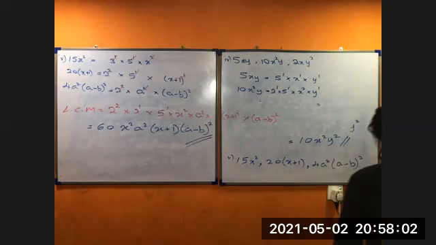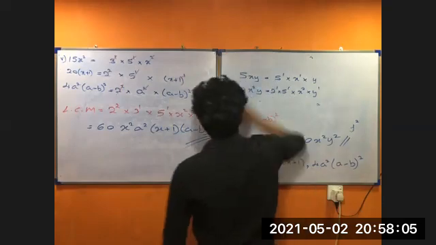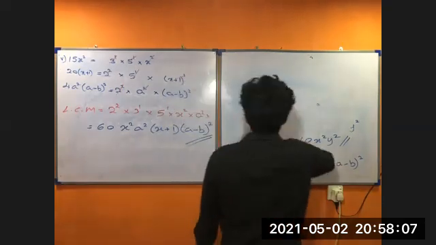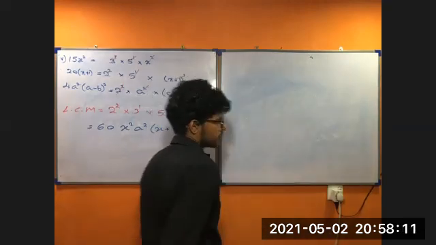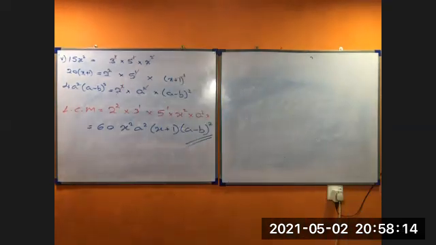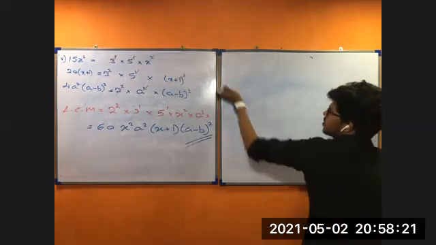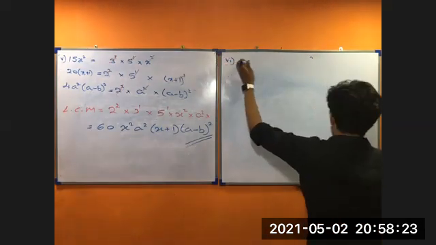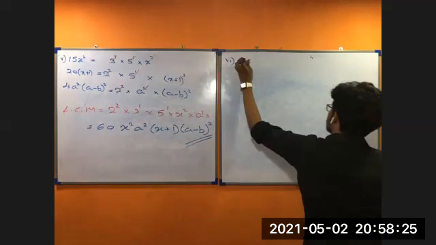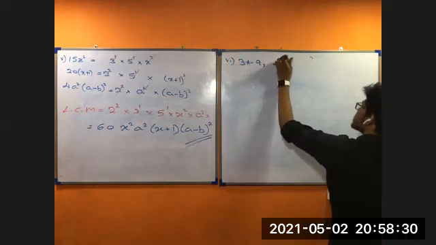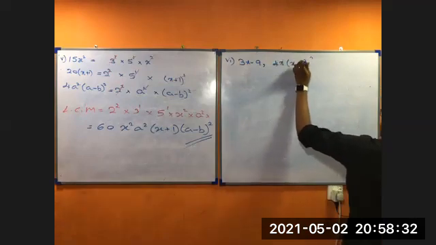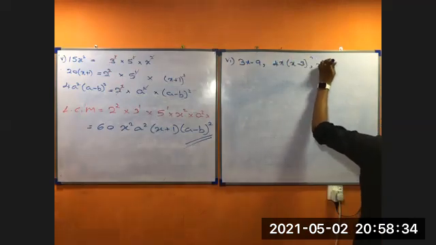Okay, let's do this. 3x minus 9, 4x, x minus 3, x squared minus 9.